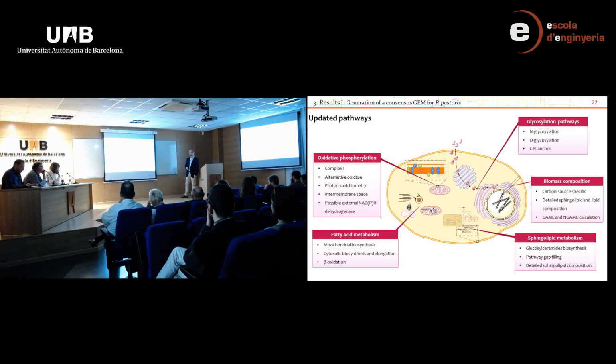Here is a summary of those Pichia-specific pathways that we updated. For example, the fatty acid metabolism, where there was really contradictory information regarding its compartmentalization. In addition, we found several differences with respect to Saccharomyces cerevisiae in the oxidative phosphorylation, glycosylation pathways, as well as sphingolipid metabolism. And of course, the specific biomass composition for Pichia.